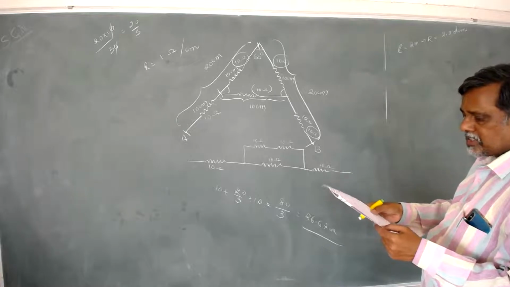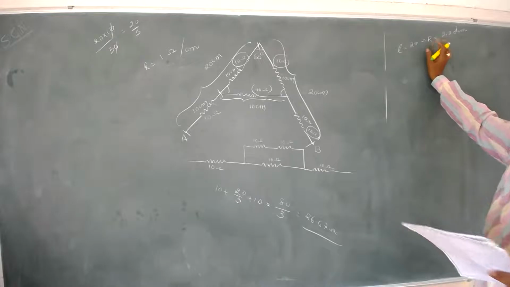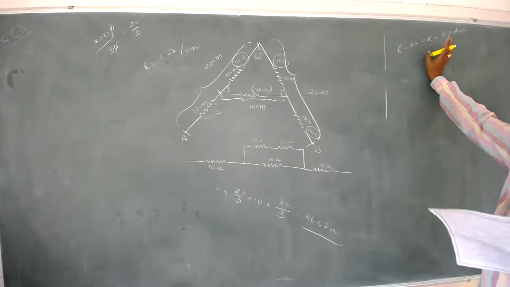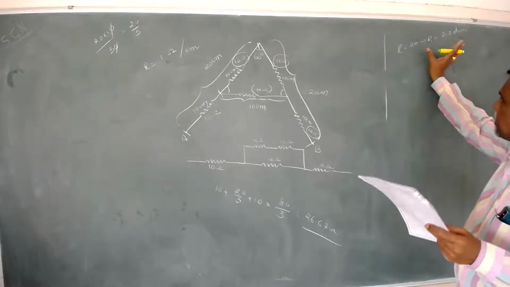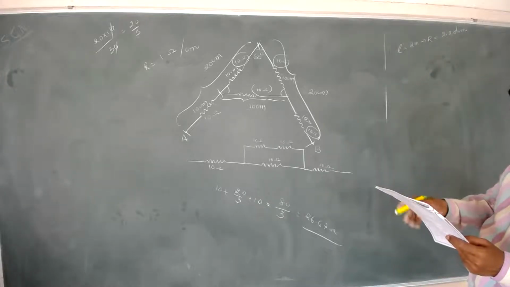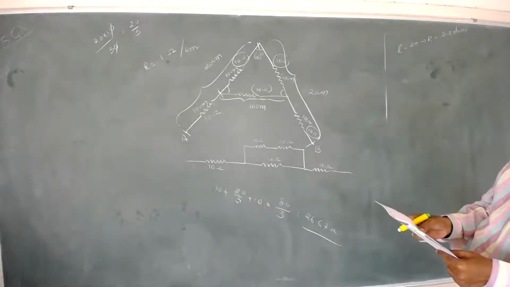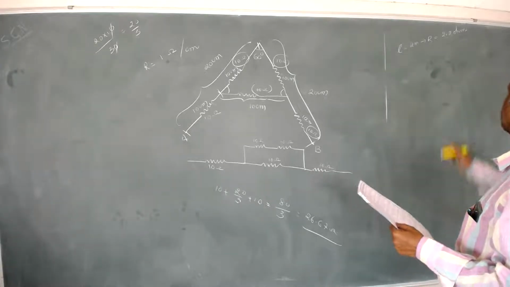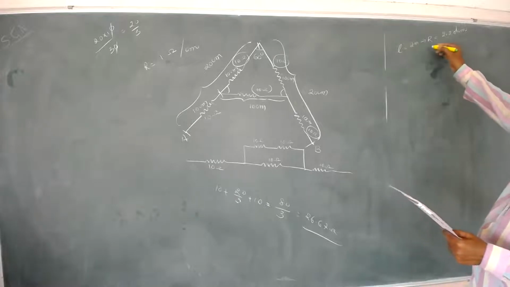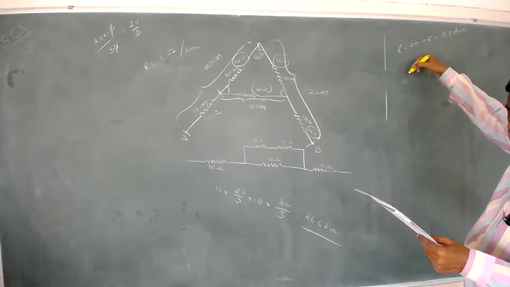Similar wire means area of cross section and everything is the same, and the resistivity also is the same. It is connected in parallel with the 2 meter long wire.